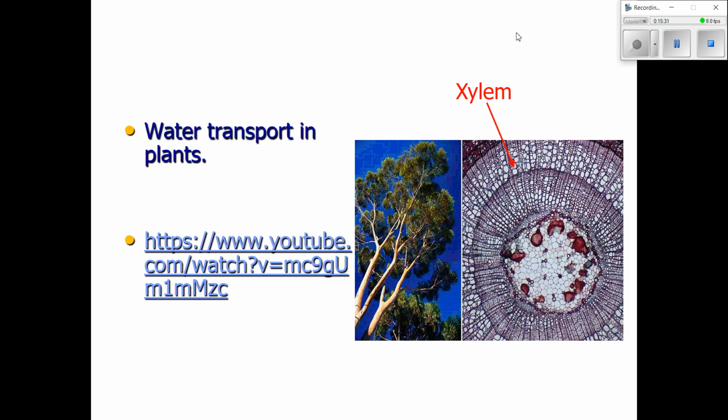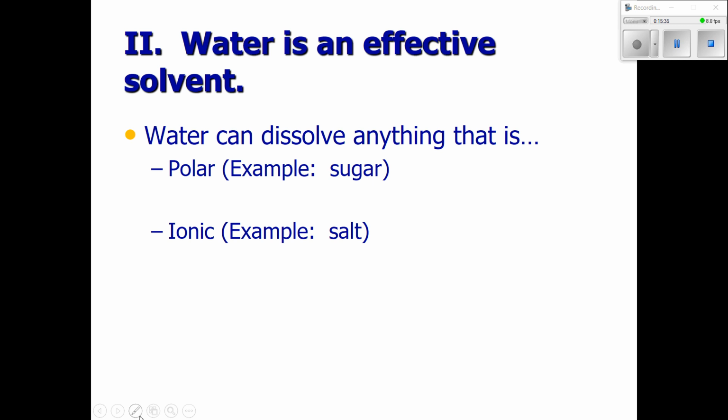Okay, let's move on now to our second important property of water. The second property of water, and by the way, I'm listing these in no particular order. It doesn't matter which order we talk about the properties. They're all equally important. The second property says that water is an effective solvent.